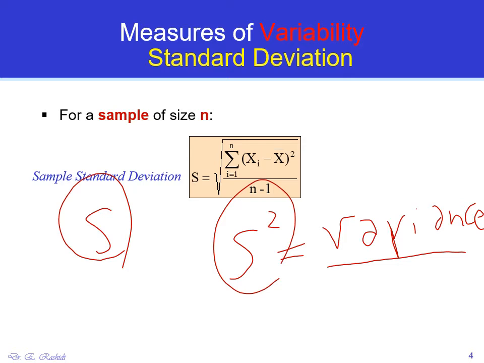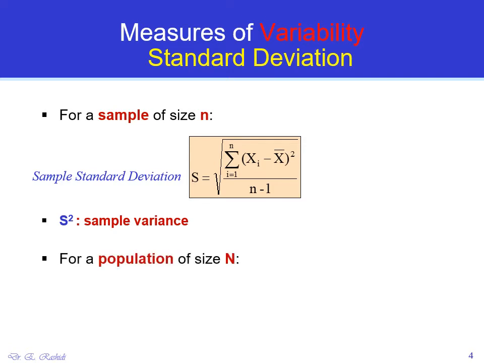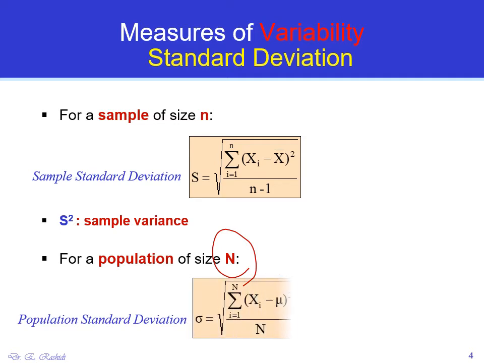Let's see how this works for population. Let me get rid of these writings first. For the population, suppose we have a population of size capital N. Okay? This is the size of this population. The formula for the population standard deviation is as follows. First of all, we show it by sigma. This is called sigma. It's a Greek letter.